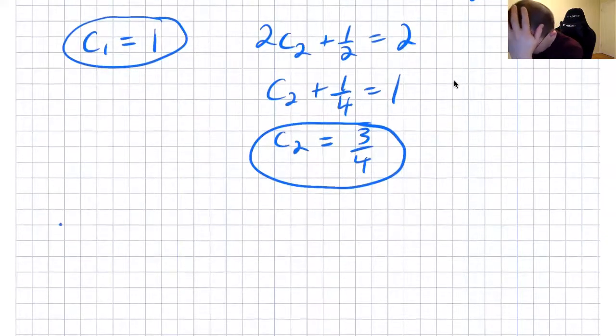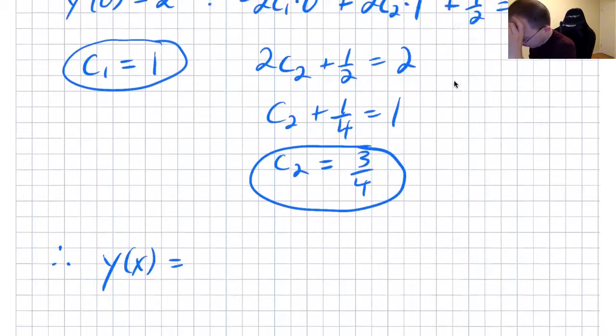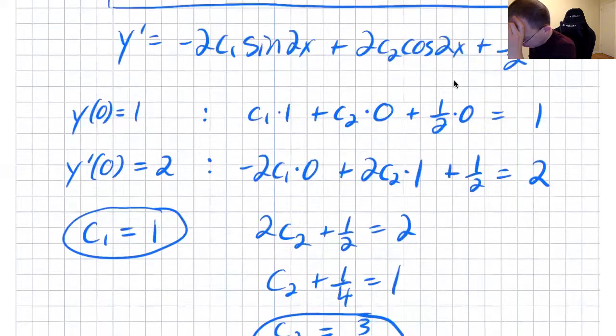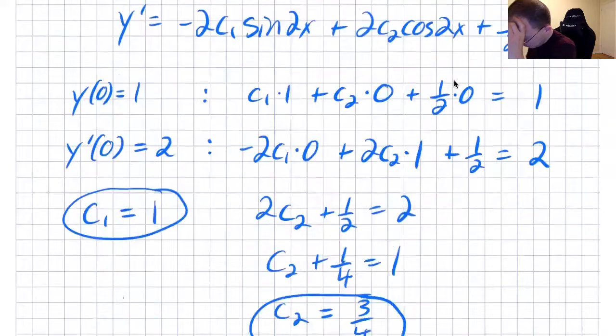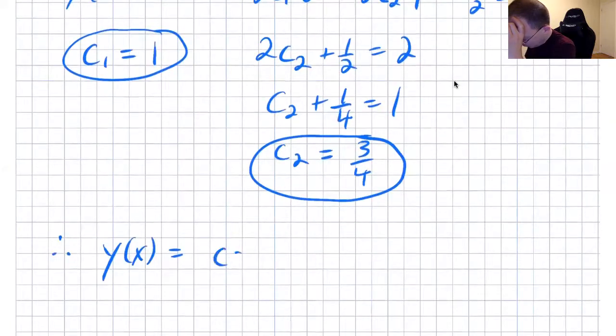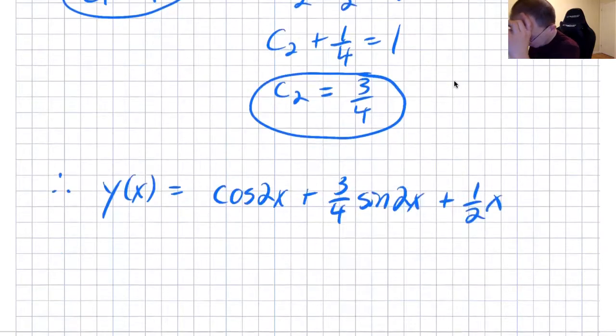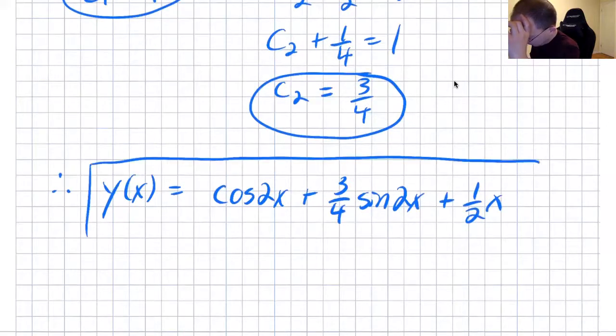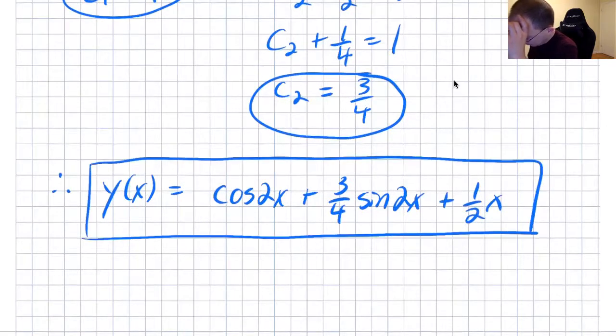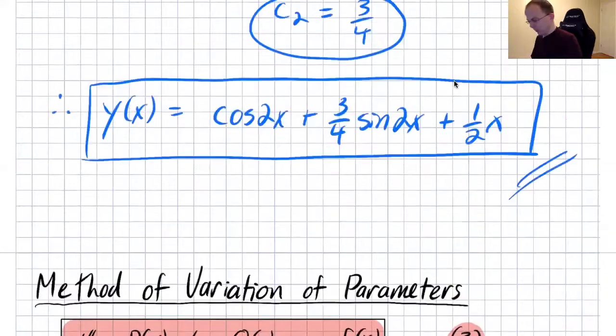And so therefore, what is our final solution? So y of x is equal to 1 times cosine 2x plus 3 over 4 sine 2x plus 1/2 x. That's it. There's our final solution. Great.